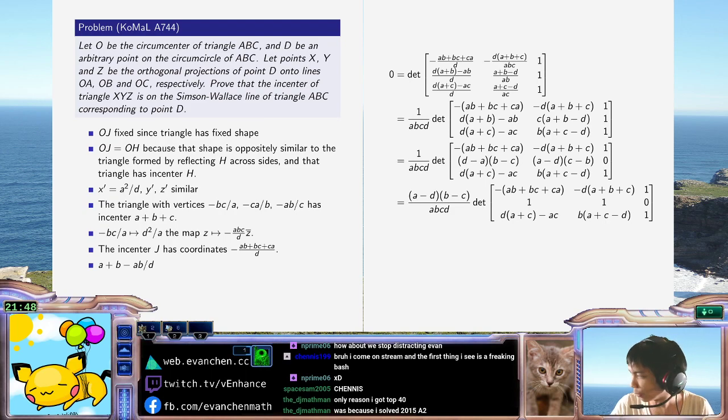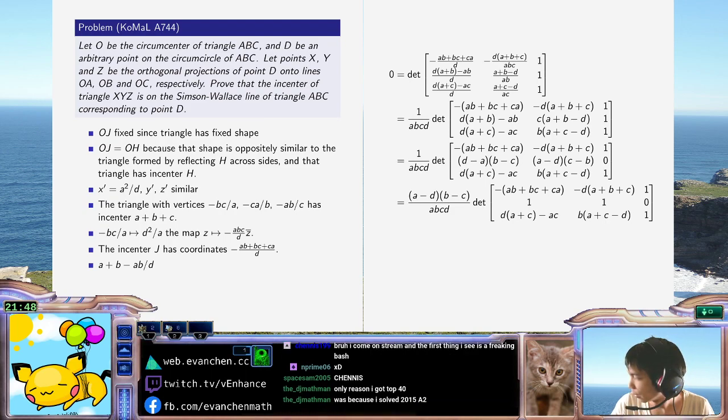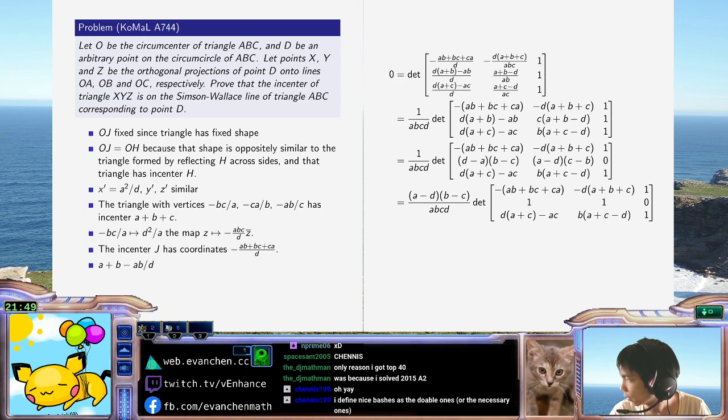Okay, so we're gonna use minors. This just works, right? There's no way this doesn't work. So, minus D, A plus B plus C, minus B, A plus C minus D, plus, minus AB plus BC plus CA. Shoot, I flipped the order.